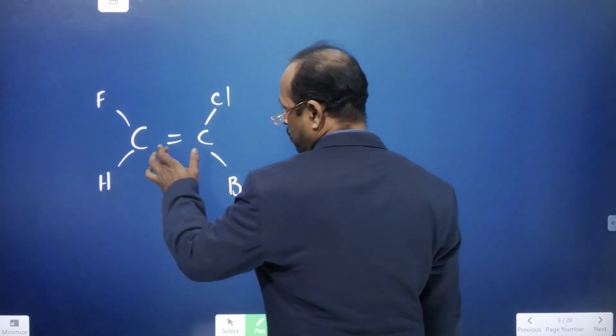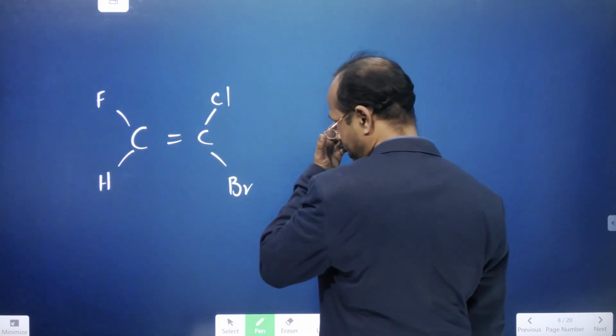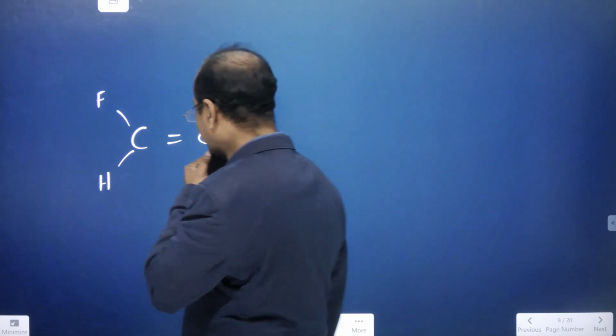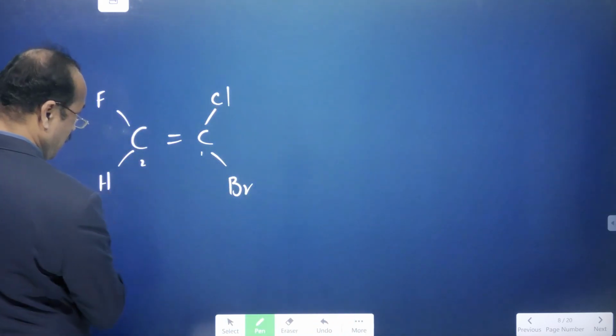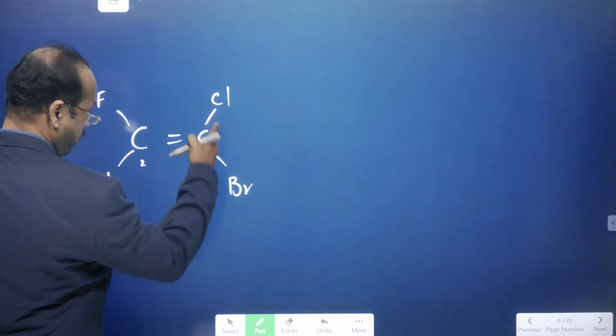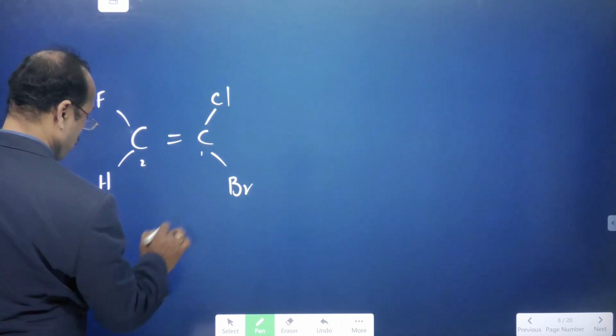For the first carbon, chlorine and bromine are there; in alphabetical order, bromine first.